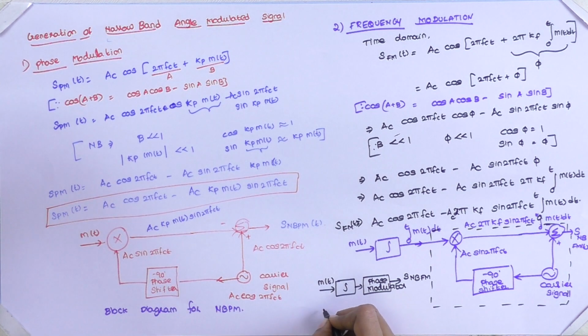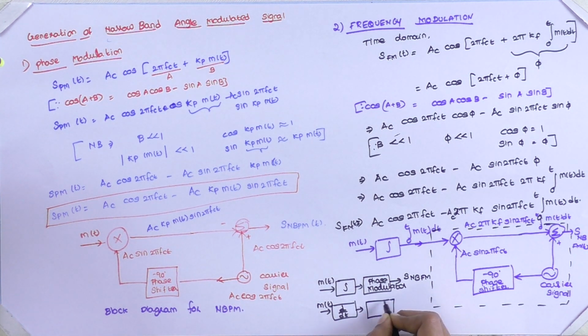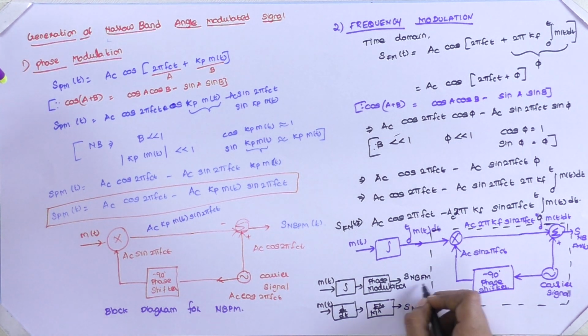Vice versa, when we apply the m(t) signal to a differentiator, and then apply the result to the frequency modulator, the resultant will be the narrowband phase modulated wave. This is the frequency modulated wave and this is the phase modulated wave.